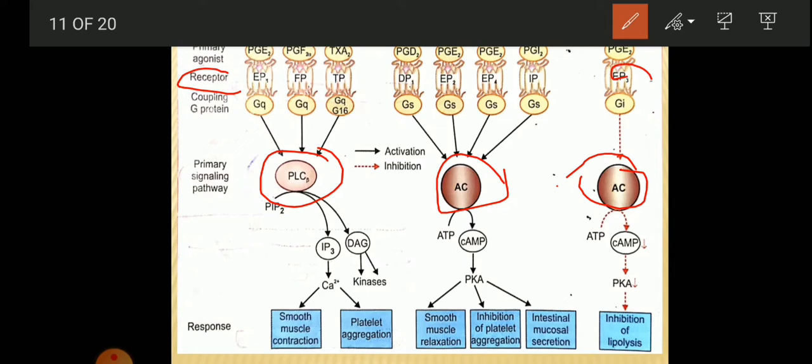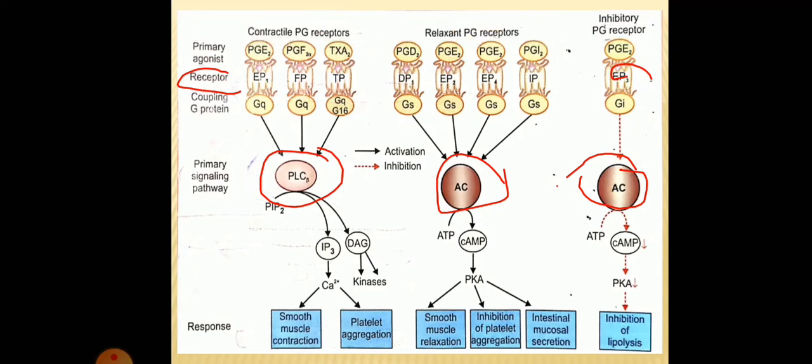So there will be no activation of protein kinase. The response produced by this inhibitory group is the inhibition of lipolysis, that is the anti-lipolytic action. So this is the mechanism of action of prostaglandins.